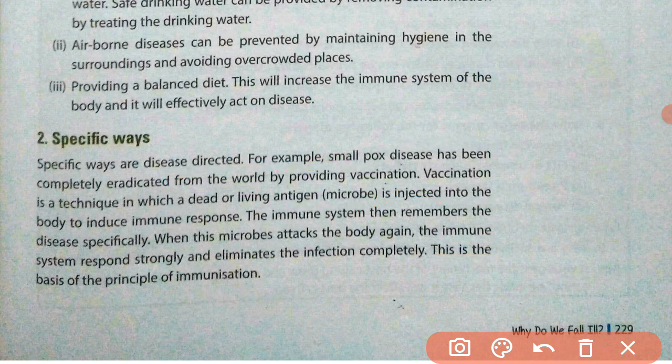Once we take these microorganisms, our immune system remembers them, and when any active microorganism gets into our body, our immune system responds very quickly, eliminates and kills those microorganisms, and saves our body. So this is the specific way, the principle of prevention.